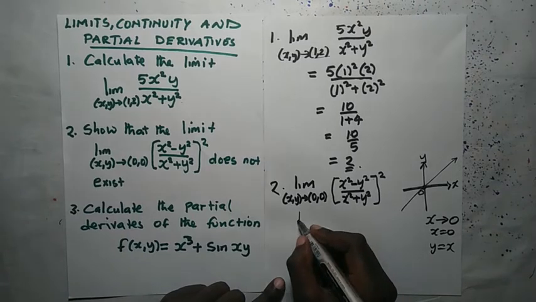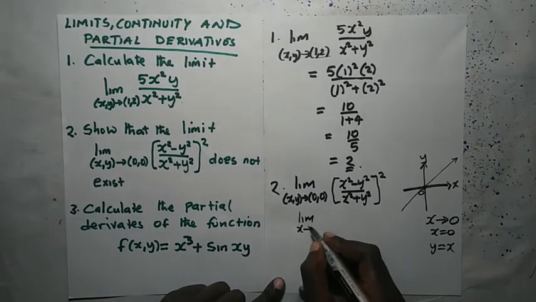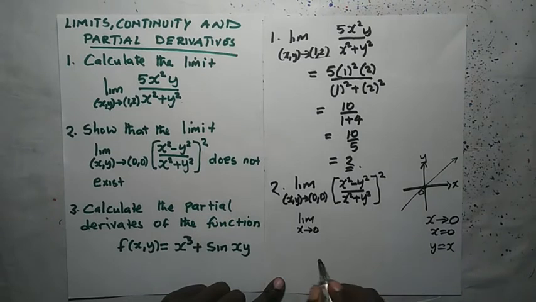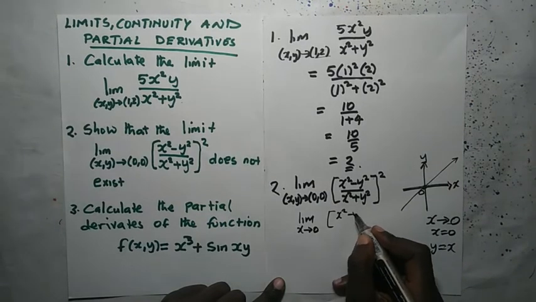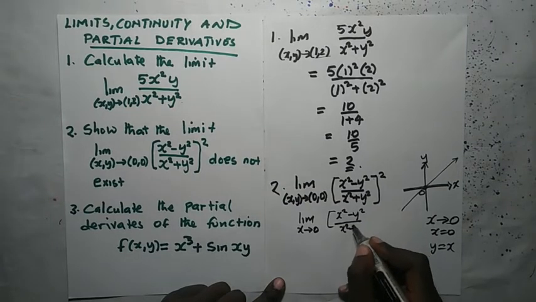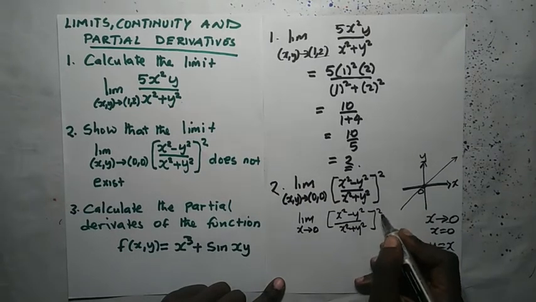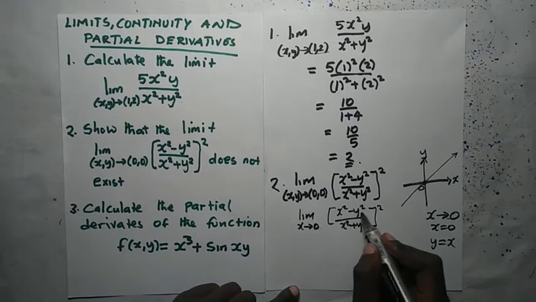The limit as x approaches 0, that is the first one, of x squared minus y squared over x squared plus y squared, the whole thing squared. So we are going to substitute 0 into this function.